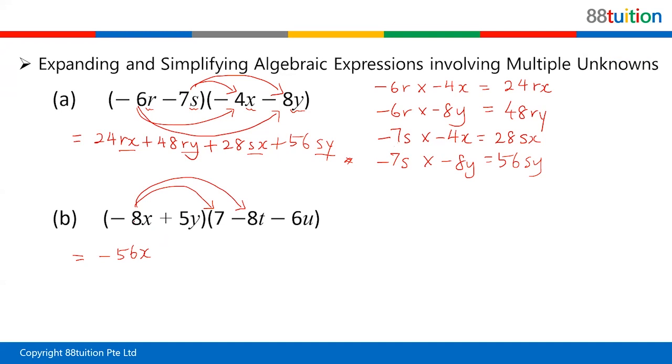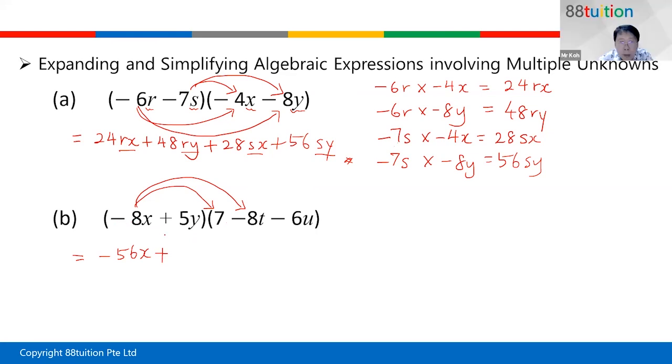5y times 8t. Wait, one by one first. Minus 8x times minus 8t. You always do the first one first, the first one with the second one. So what do you get? Minus 72?